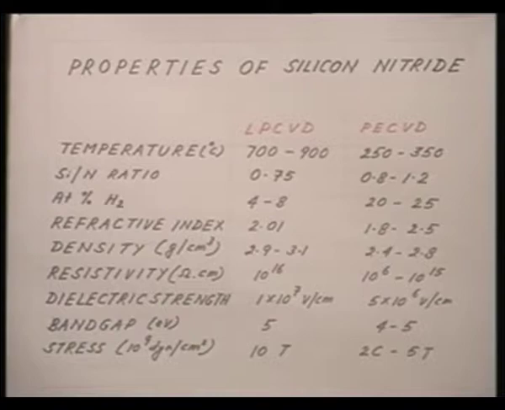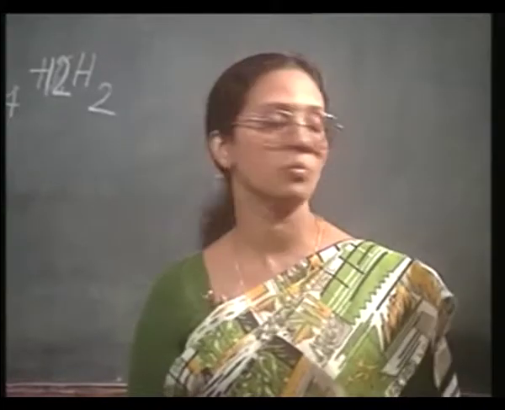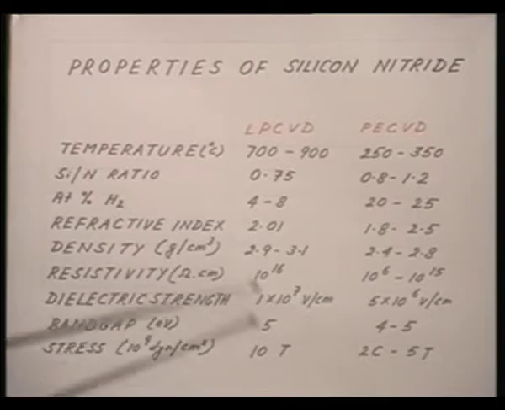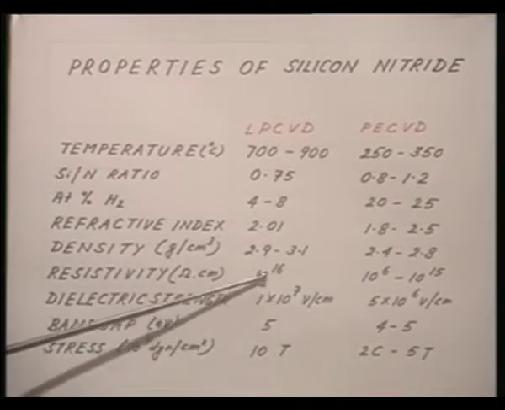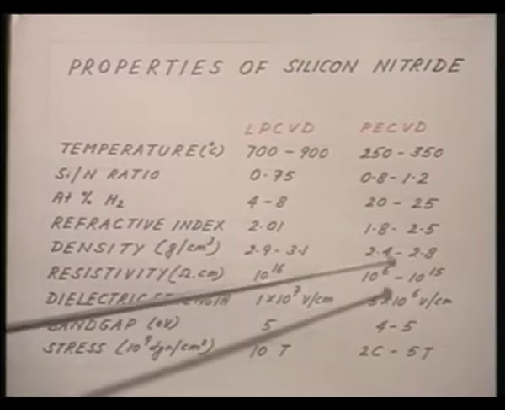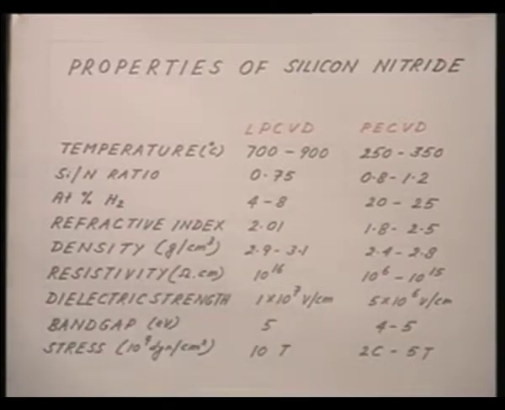So, the range is 10^6 to 10^15 ohm centimeter. Same thing for dielectric strength. LPCVD silicon nitride gives you 10^7 volts per centimeter dielectric strength, whereas in this case at best it is half of that, 5 into 10^6.